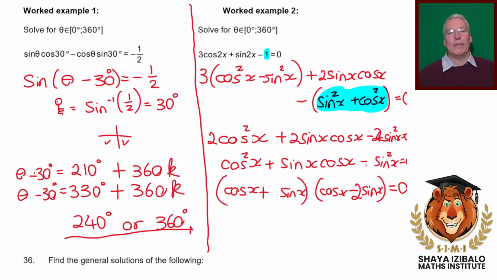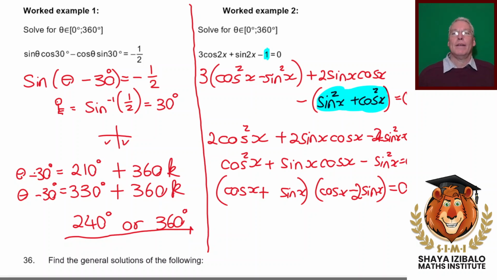Sorry guys, it was actually minus 4. Yeah, it just doesn't look like it's going to factorize. That's what's causing us a bit of grey hair here. It might be that the question's got an error in it.